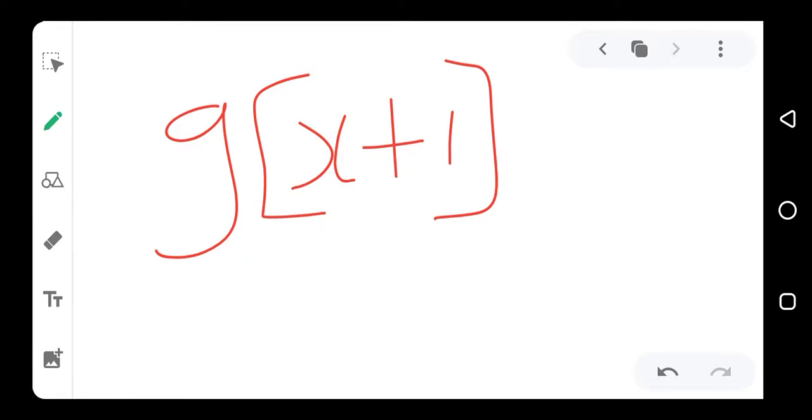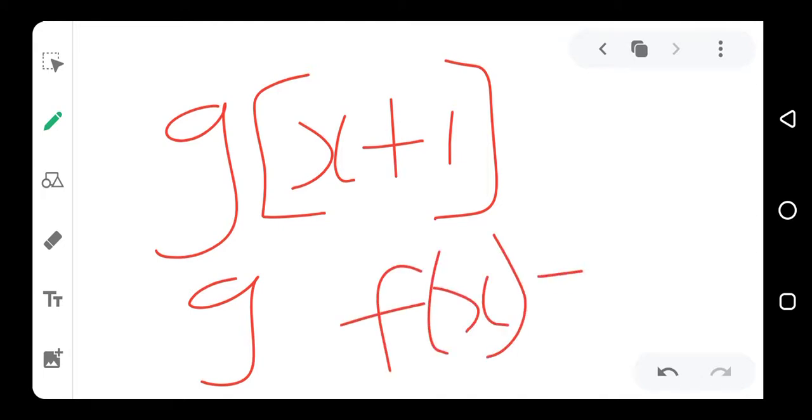Now we know that our g, remember that we said that f of x is the same thing as y.